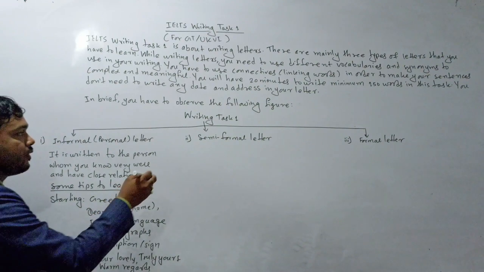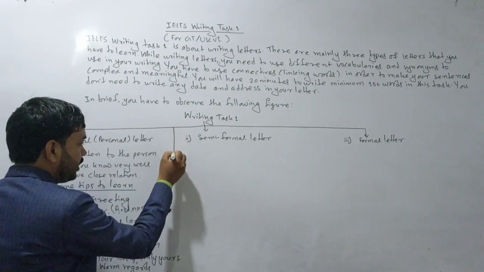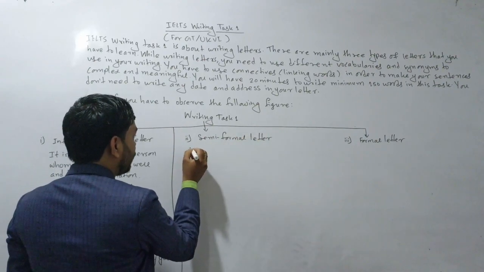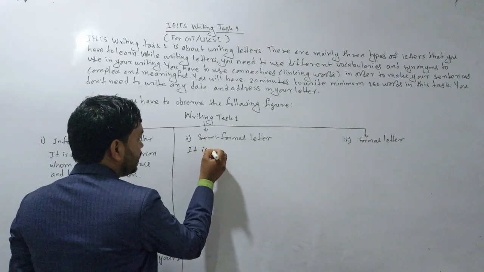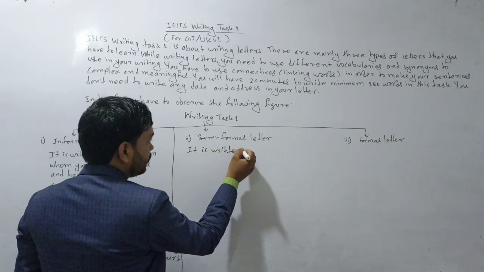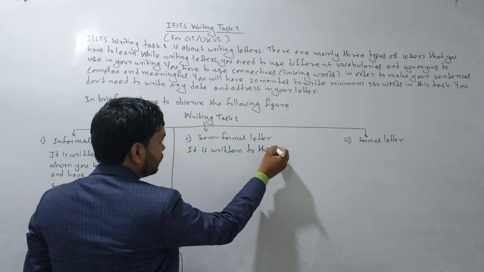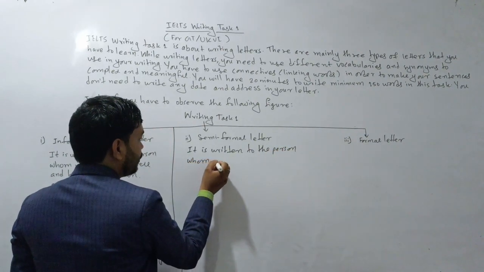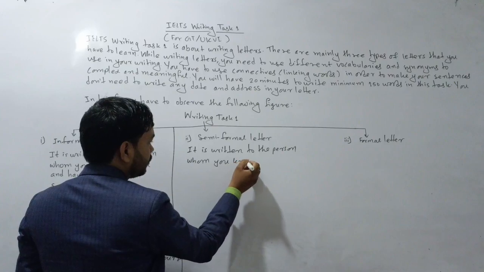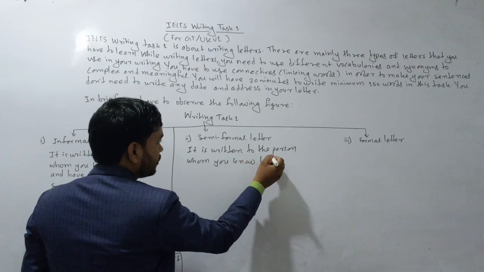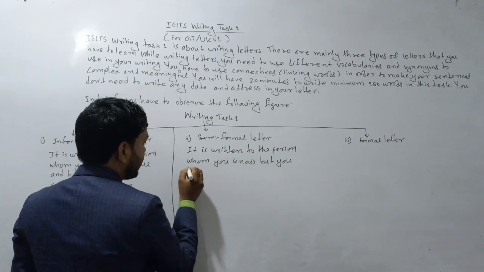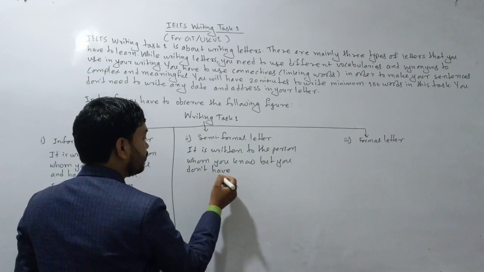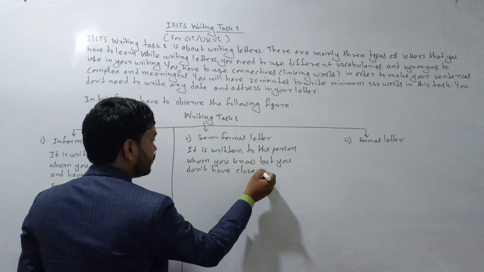Okay, now come to semi-formal. Let me make a line here. In semi-formal, what you do? It is written to the person whom you know, but you don't have a close relation.